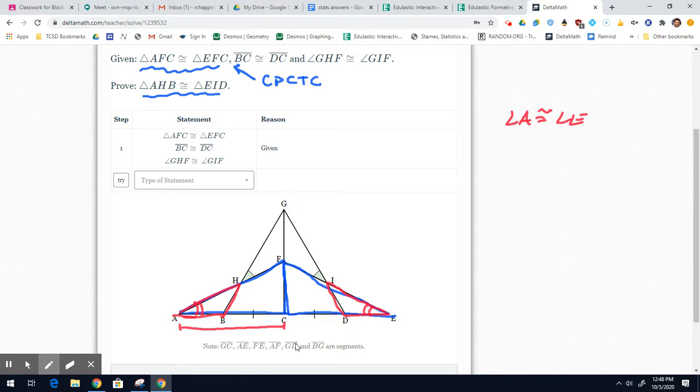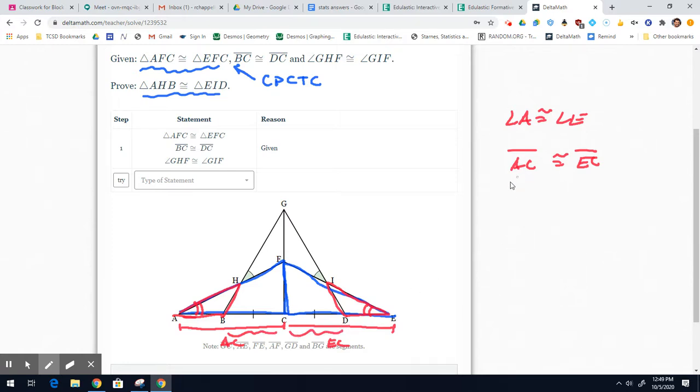So again, these proofs are not obvious to everybody. So this is AC. And this is CE, right, or EC. So those two sides are also congruent because they're corresponding parts of our big blue triangles, right? And now we know that BC and CD are congruent.